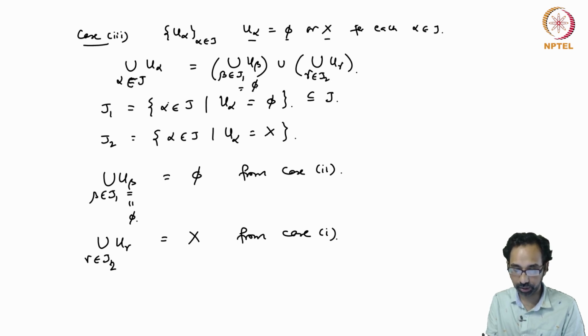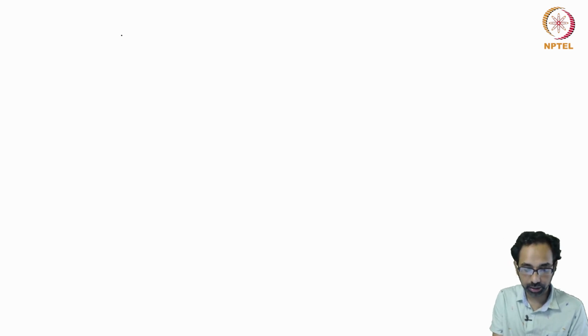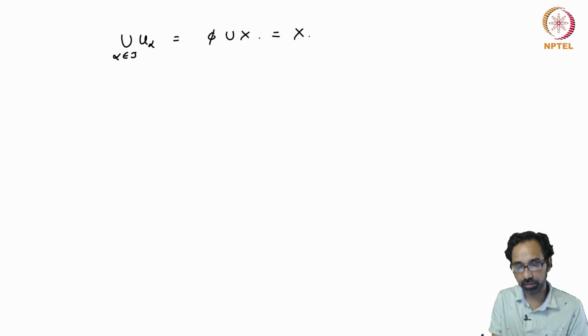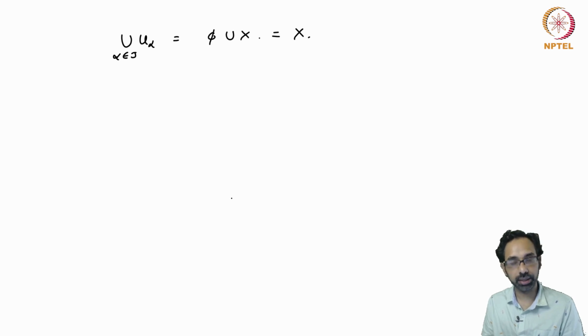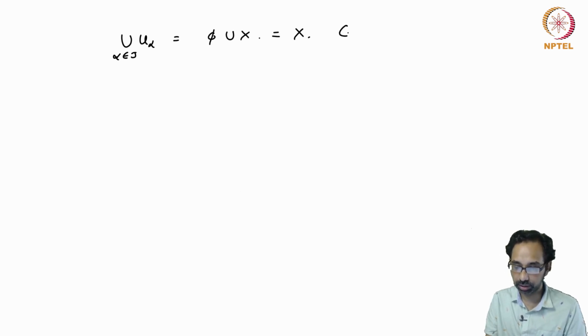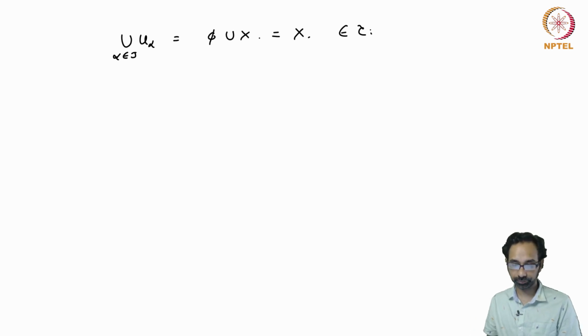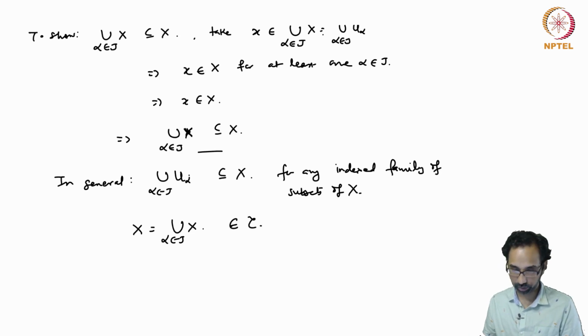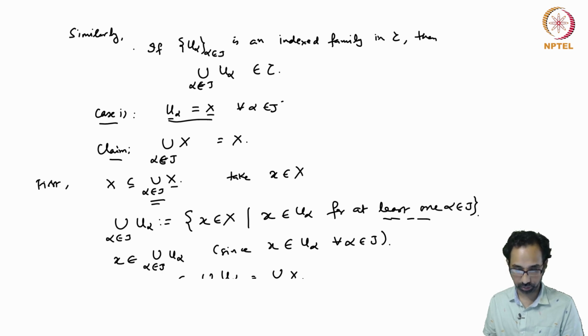One of them is phi and the other one is X. Then let me first write that the union of u alphas is the union of phi and X, and this is nothing but X itself. The union of any set with the empty set is that set itself, and so this is also in tau.